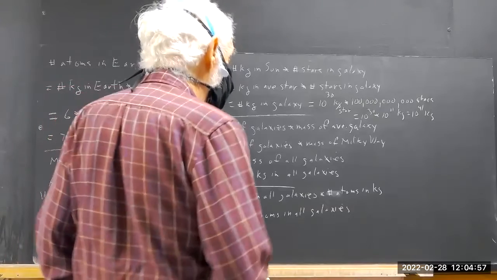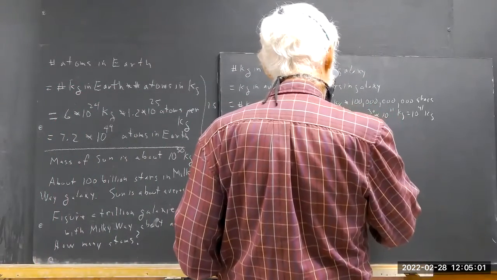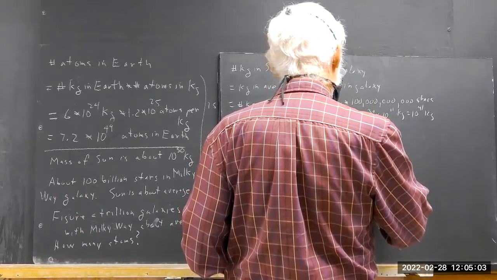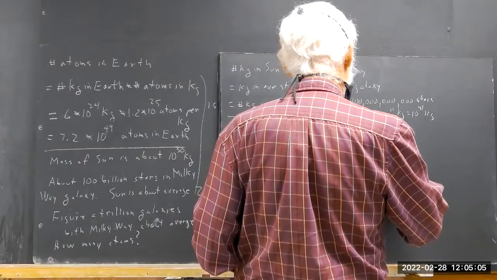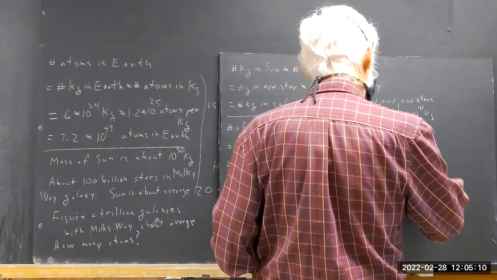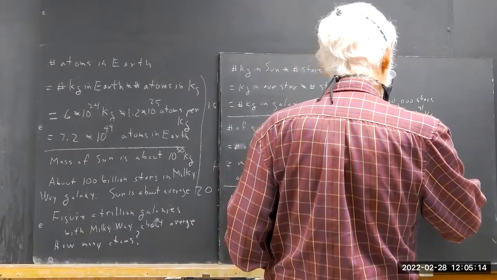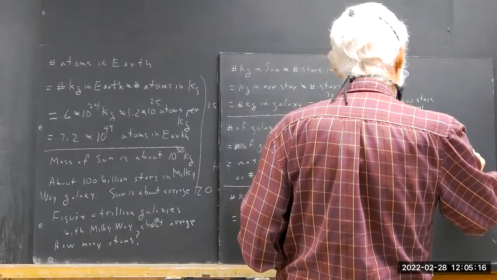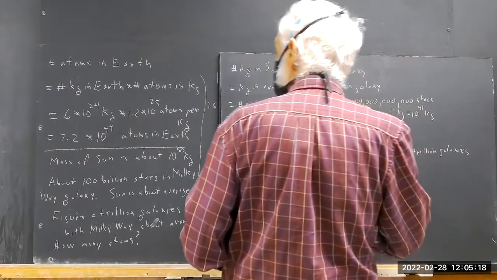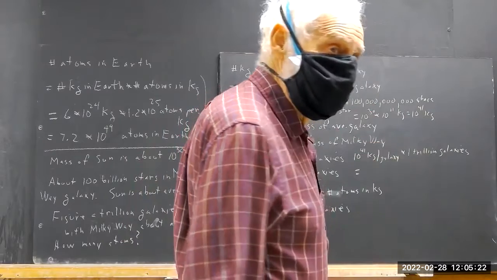And then, a trillion galaxies is 10 to the 12th.